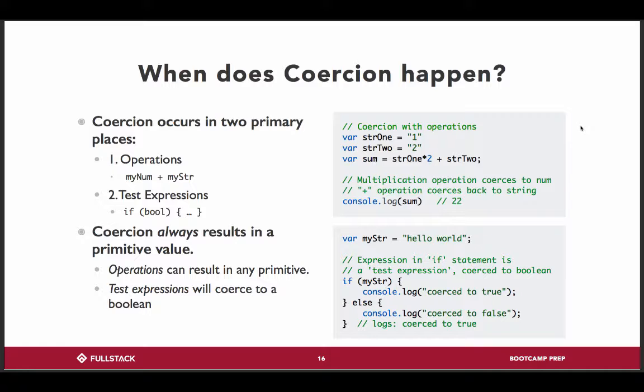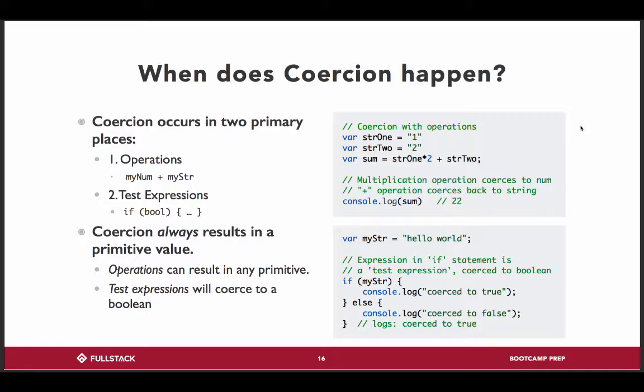Another time coercion happens is in conditional statements: if, while, for, I think those are the main ones, switch. And that will coerce it into a Boolean. So if you have the number 5 in an if, it's going to take that number and be like, I don't know what to do with this. You can't say if the number 5. So it's going to try to coerce it into a Boolean.